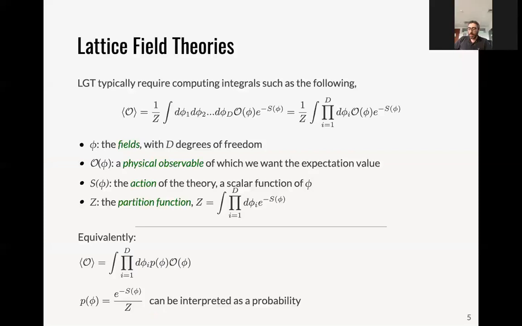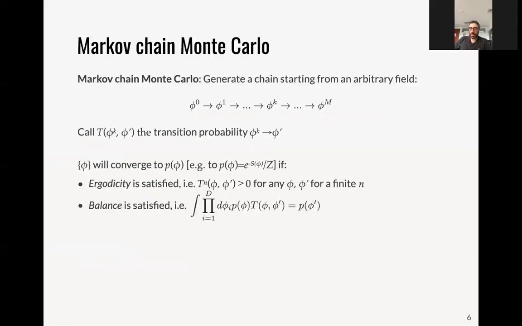And when we do this, we can talk about Markov chain Monte Carlo. In carrying out that integral that I showed in the previous slide, one can define a so-called Markov chain process in which you generate a chain of the fields that you're interested in, starting from an arbitrary field.